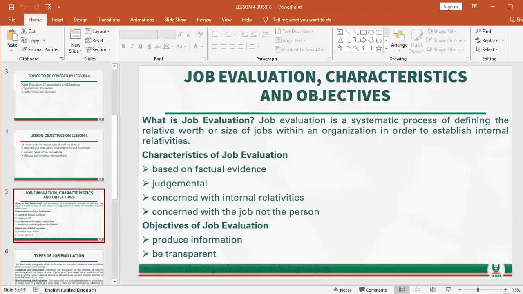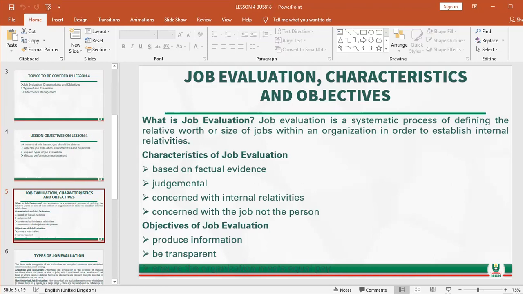Because number one, if you look at what doctors do, they save lives, and the amount of time they spend in school is usually a lot. If you evaluate their job responsibilities, it's more taxing than other disciplines. So whoever is evaluating this job would have to put in all those factors to say, these people's job is very taxing and they need to be paid higher because this is what their job entails.